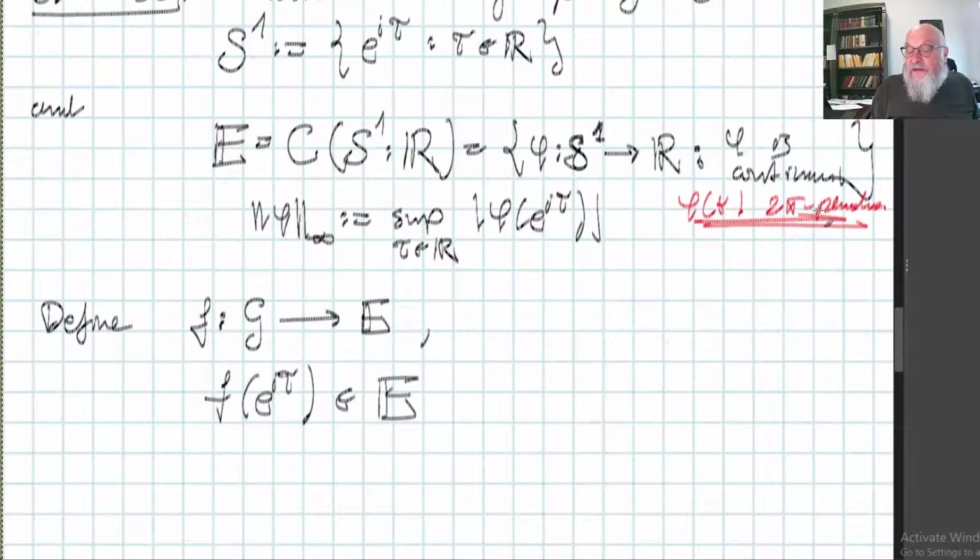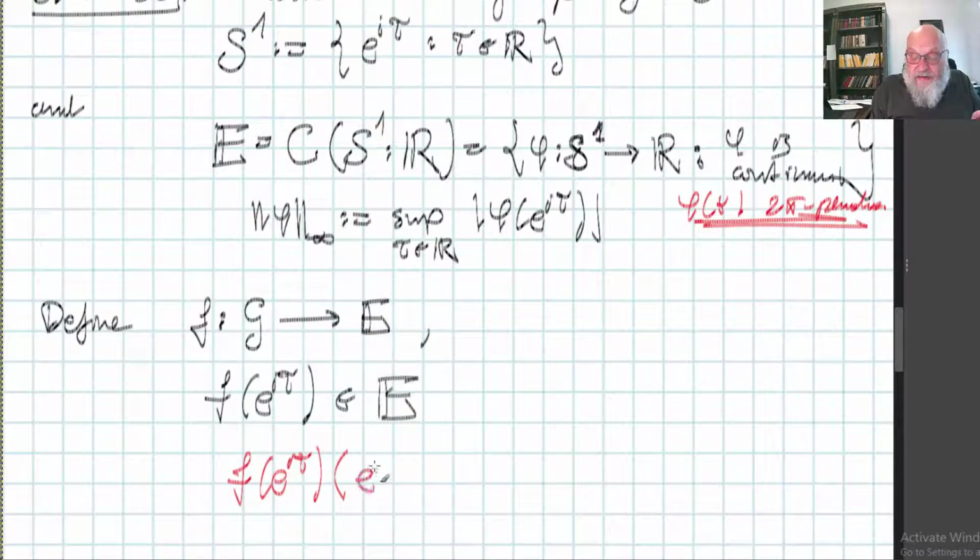So in a certain way, this means periodic. I will define this function in two ways so you can see immediately what it is. So that's my function f(e^{iτ}), and now two ways.